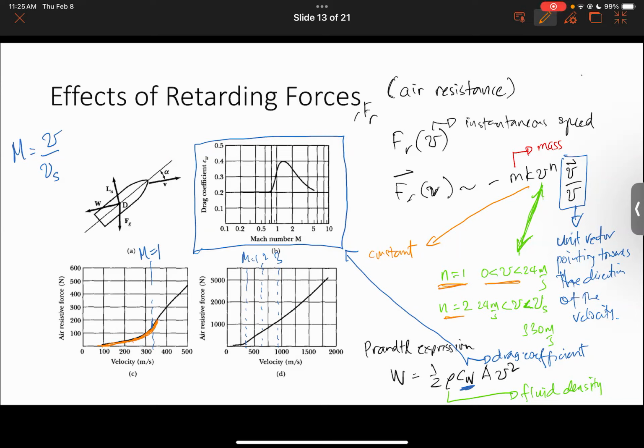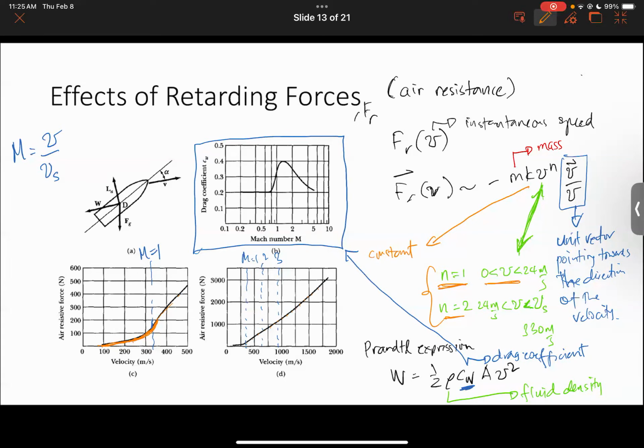So medyo tama rin yung assumption na 'yan. And then as you go further up, magiging linear na ulit siya. Almost linear. Okay, you can think of it as quite linear. So nag-i-increase yung retarding force or air resistance as a function of velocity for higher velocities.